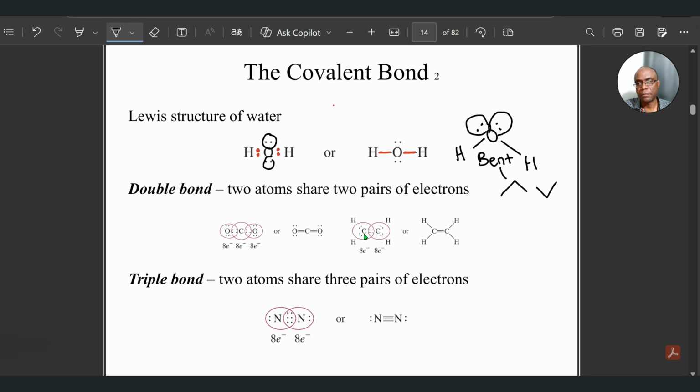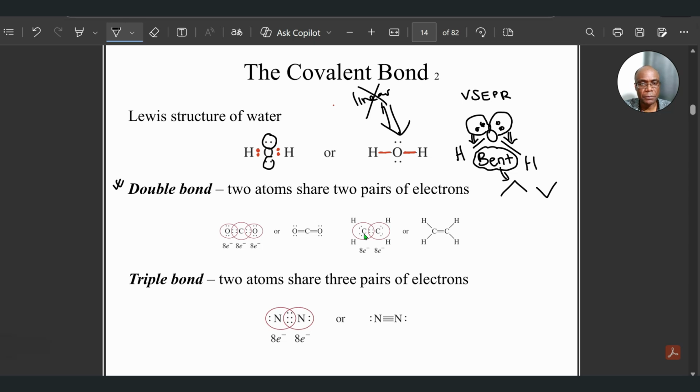We call that bent molecular geometry, because the electrons take much room, and electrons in the lone pairs repel the electrons in the bonds, because both are negatively charged. So according to valence shell electron pair repulsion theory, we expect that water is not going to be linear as suggested here. Instead, it's going to be bent because of repulsion of valence electrons. We'll talk about that soon in molecular geometry.